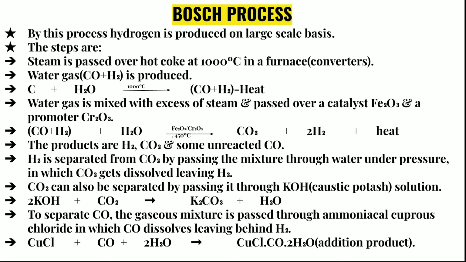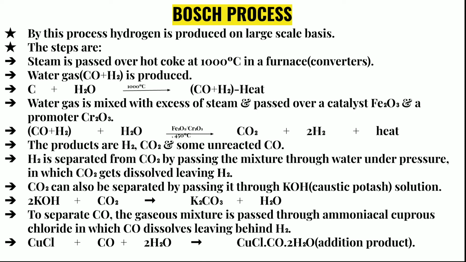Next, this water gas is mixed with excess of steam and it is passed over a catalyst known as ferric oxide, that is Fe2O3, and a promoter is also used to enhance the working of the catalyst, that is chromium oxide, at around 450 degrees centigrade temperature. Now what happens? Carbon dioxide, hydrogen, and some unreacted carbon monoxide along with some heat is produced. So this reaction is an exothermic reaction.